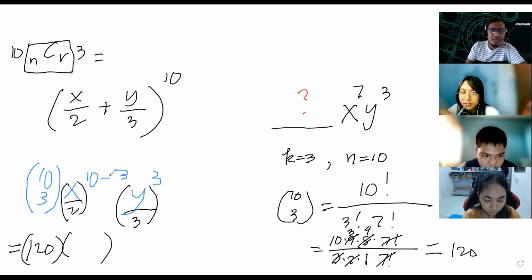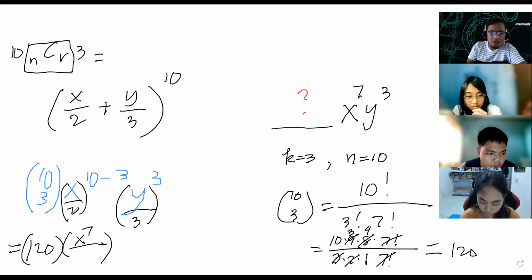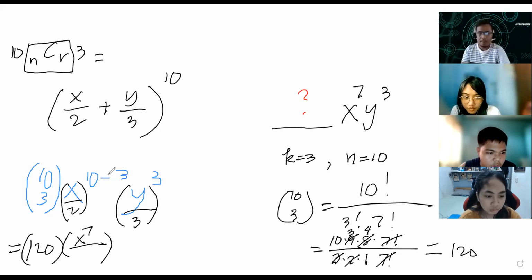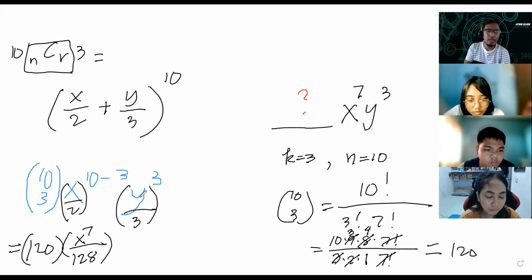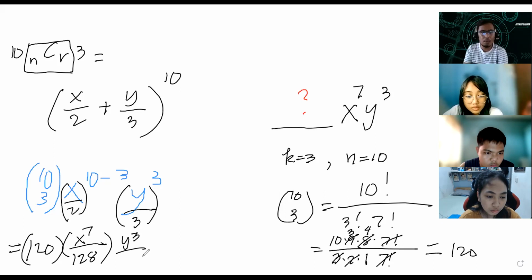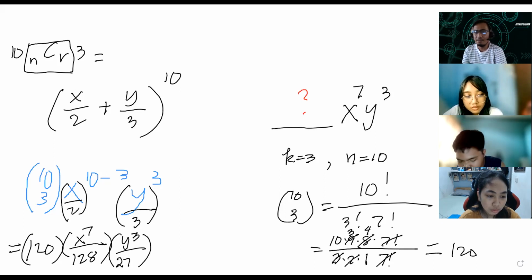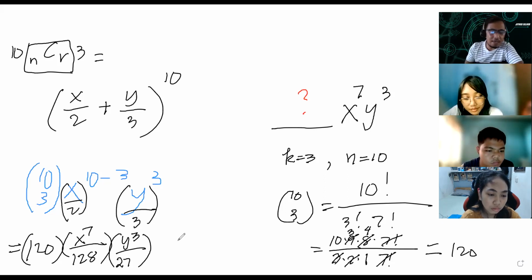Next, x to the power of 7 over what is 2 raised to 7? 128. Good. And here it will be y raised to 3, or cube. 3 raised to 3 is 9 times 3, which is 27. Right? Then simplify.